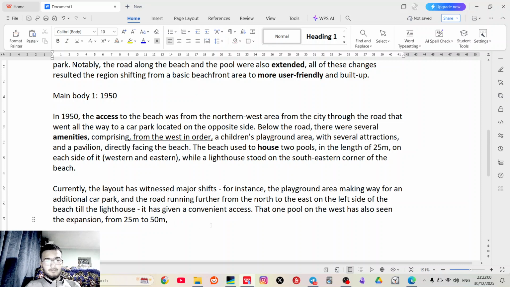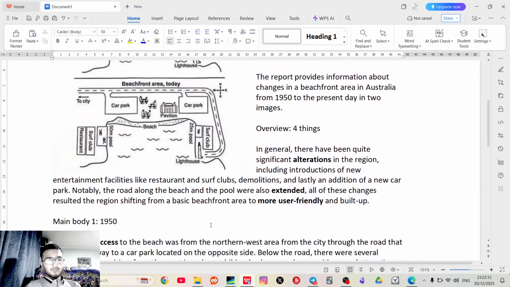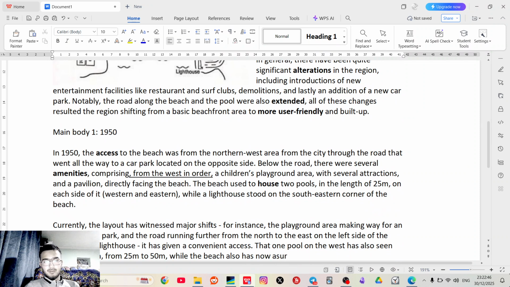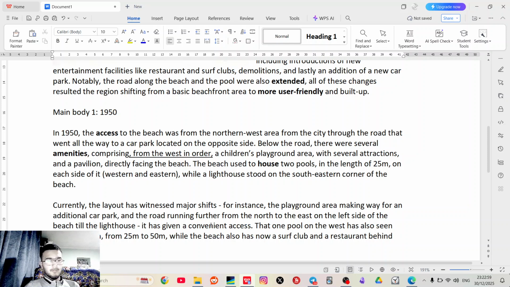Similarly, a surf club and a restaurant have been erected, while the beach also now has a surf club and a restaurant behind this pool.